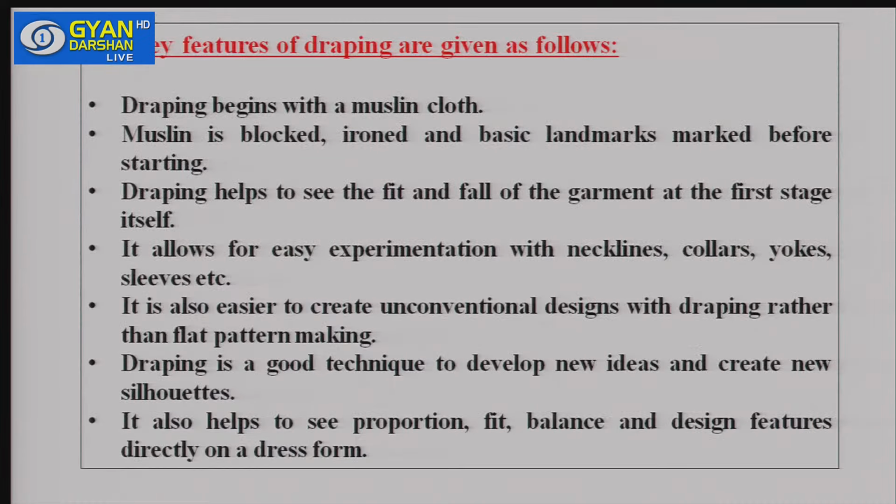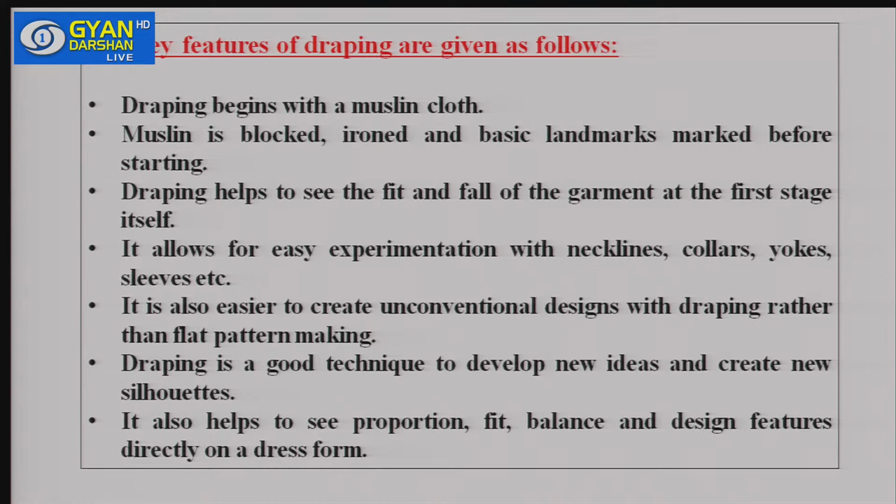Then the key features of the draping method are, first, that draping begins with muslin cloth. Muslin is a type of cotton fabric which we use for pattern making and making test-fit garments for designing purposes. Muslin is blocked, ironed, and the basic landmarks are marked before starting.